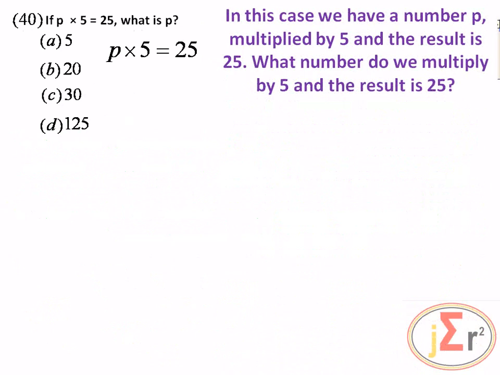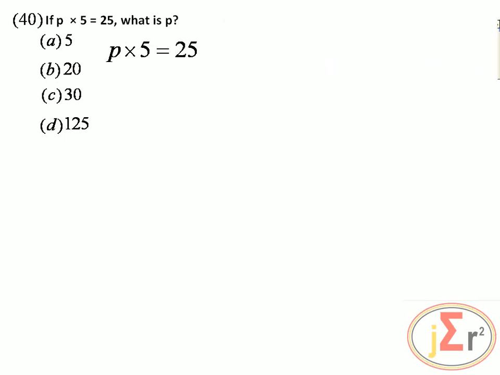In this case, we have a number p. So we have another equation. If p multiplied by 5 is equal to 25, what is p? So here's your question, Jerry. If we have a number and we multiply that number by 5, the result is 25.